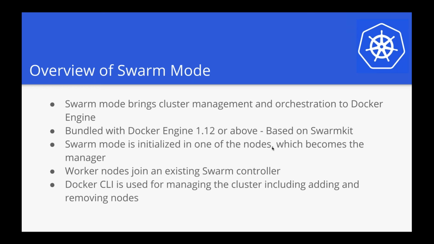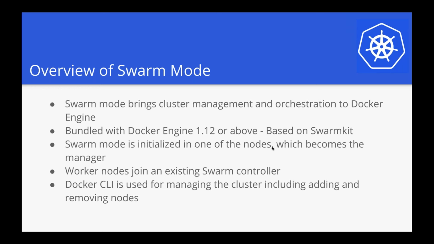Docker Swarm existed as an independent orchestration engine for managing clusters and deploying microservices. Starting with Docker 1.12 onwards, Docker Inc. started bundling the orchestration engine, which is based on an open source toolkit called SwarmKit.